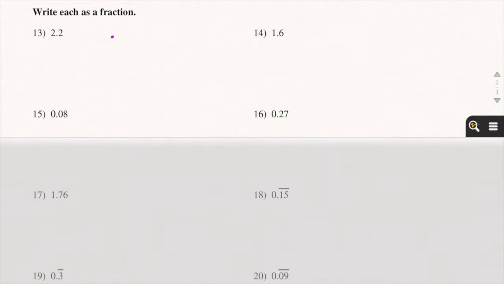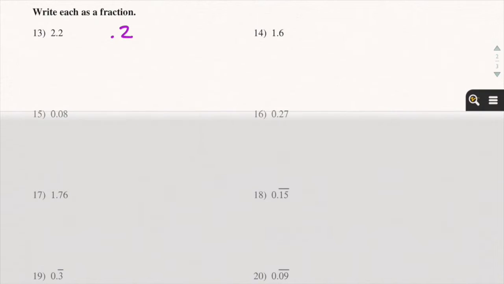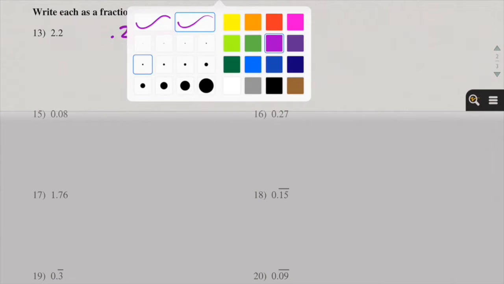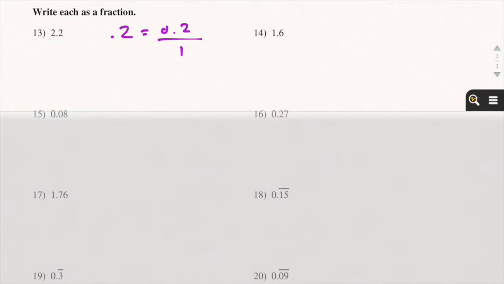So let's just take the 0.2. Now whenever we move the decimal, we have to keep in mind we're kind of adjusting the fraction, if you will. So right now what 0.2 looks like, if you will, is 0.2 over 1. If we move the decimal over one place, the decimal on this one moves over one place also.